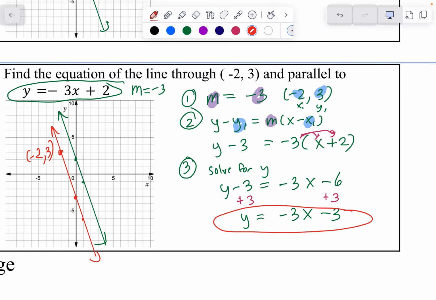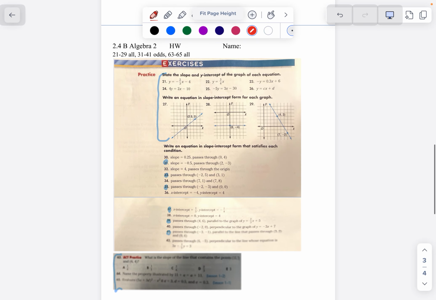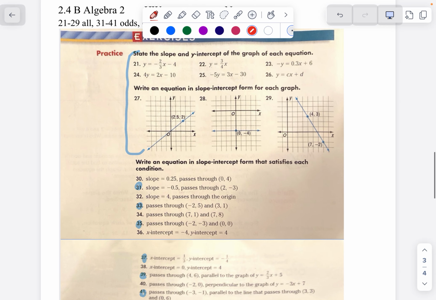Okay? Okay, so here's your assignment. The top, 21 through 29, you're just finding the slope and y-intercept only, okay? For 21 through 29, what is the equation in slope-intercept form?